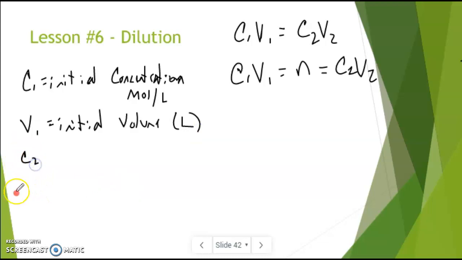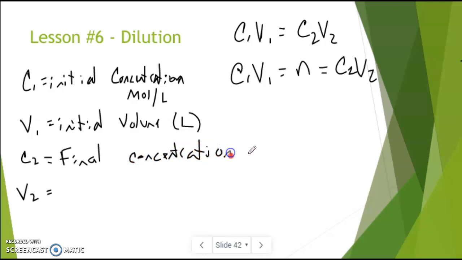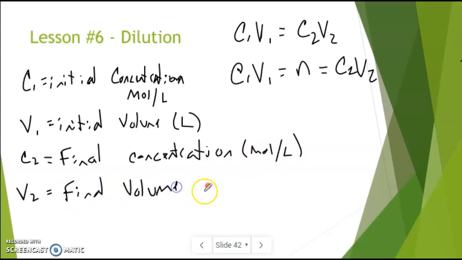C2 and V2, if you can guess it, are our final concentration, which again is in moles per liter, and our final volume, which is in liters. So we notice our units stay the same. I recommend using moles per liter and liters, so we're making sure our units cancel out.